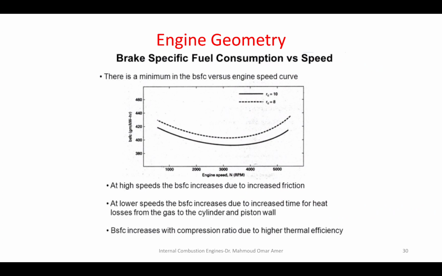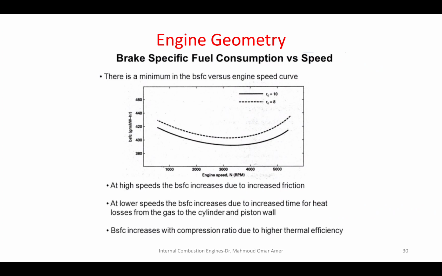Okay? The specific consumption is m dot fuel over the brake power. So the brake power is inverted. You can see that this curve is the inversion of the brake power curve because you divide by the brake power. So at lower RPMs, the brake power is low.